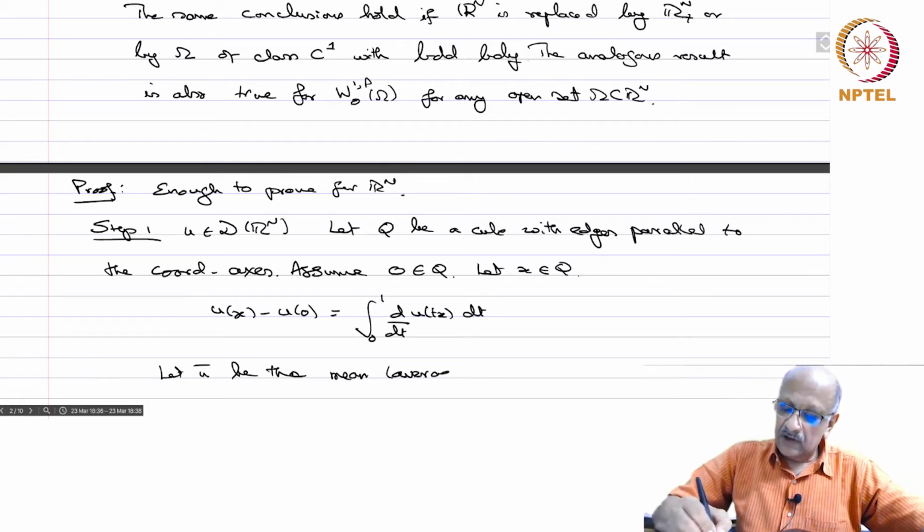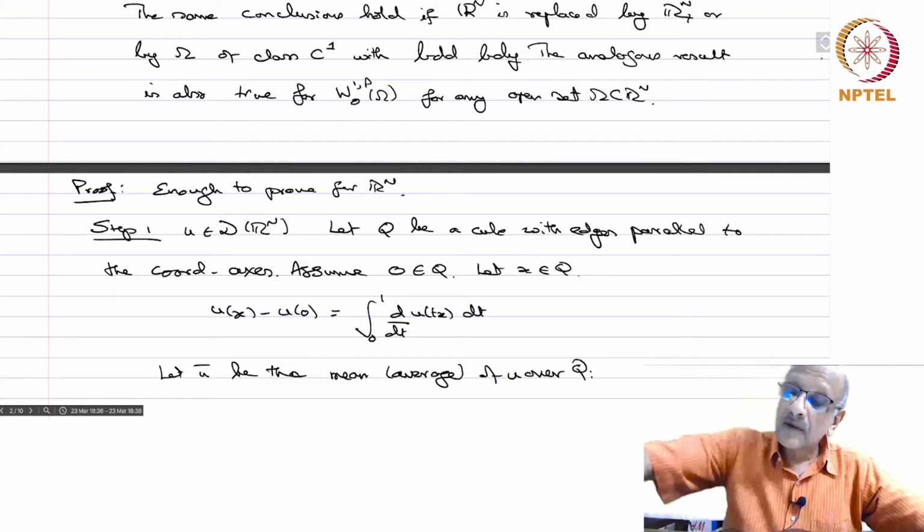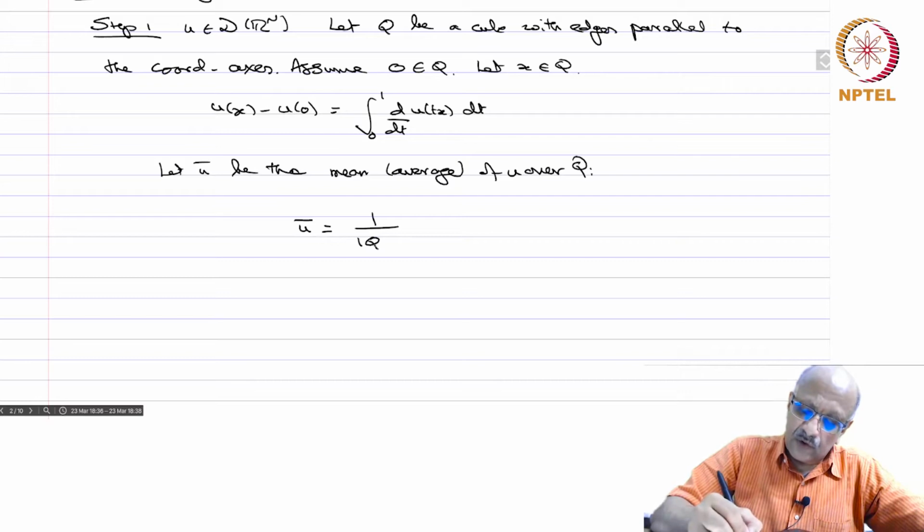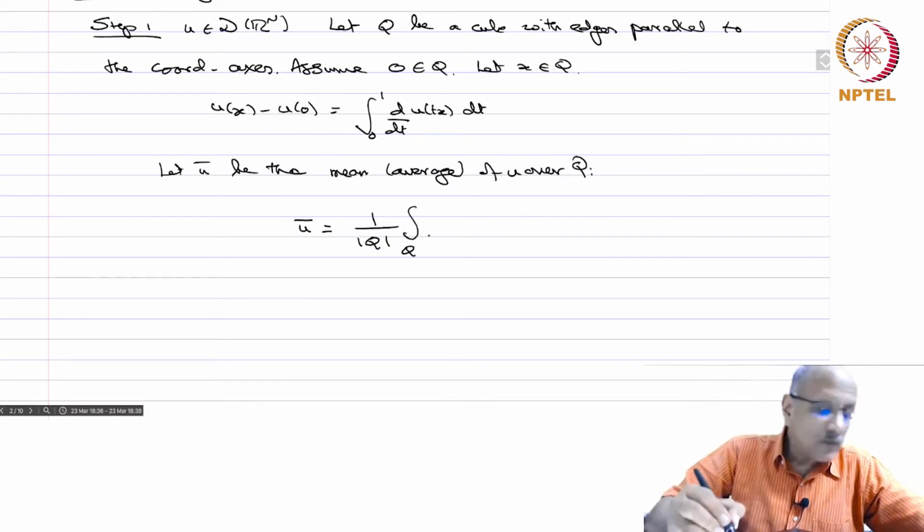So what is u bar? This is equal to, so u bar is 1 over the Lebesgue measure of Q, mod of Q is the Lebesgue measure of Q, integral over Q of u(y) dy.